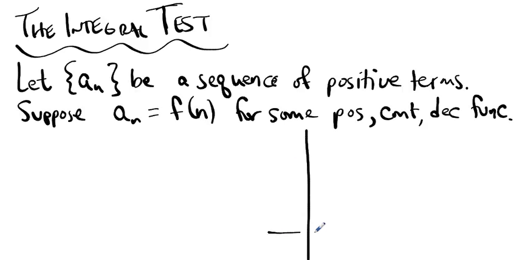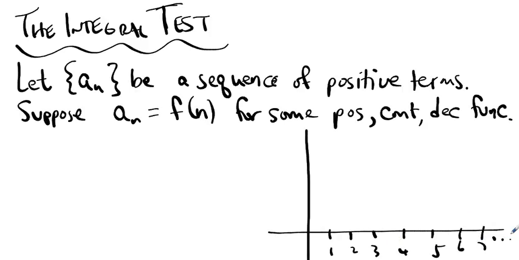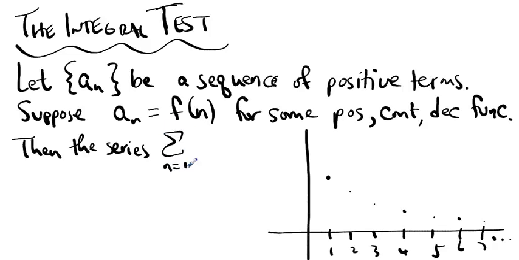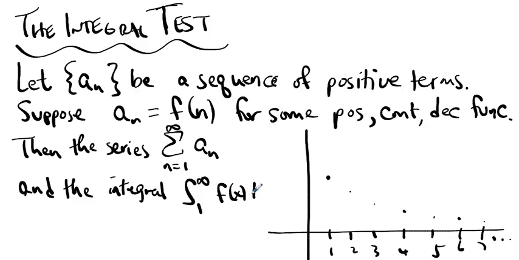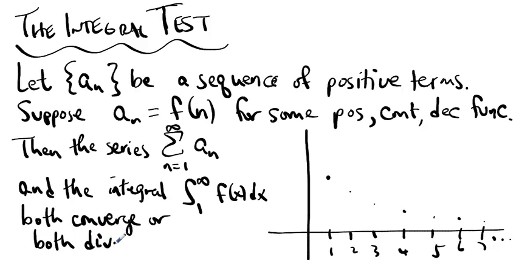In other words, if we were to take the values of n and plot the A sub n's, A1, A2, A3, A4, A5, A6, A7, and so on, and if a function that connects them is positive, continuous, and decreasing, then the series from 1 to infinity of the A sub n's and the integral from 1 to infinity of f of x dx both converge or both diverge.